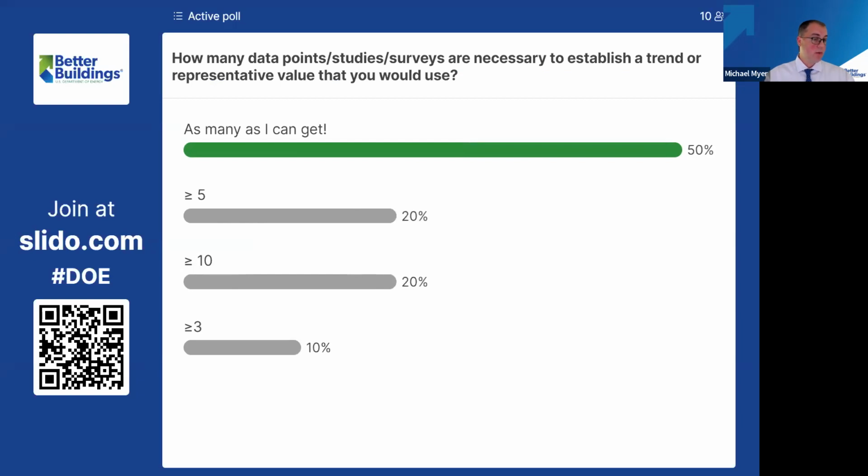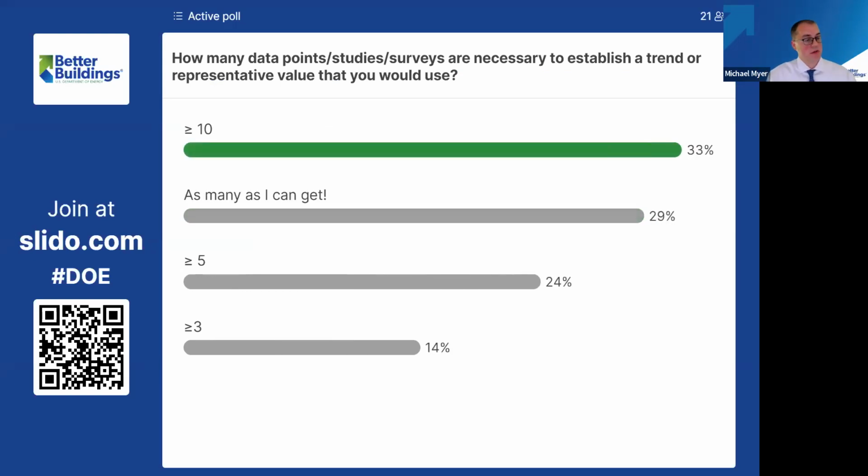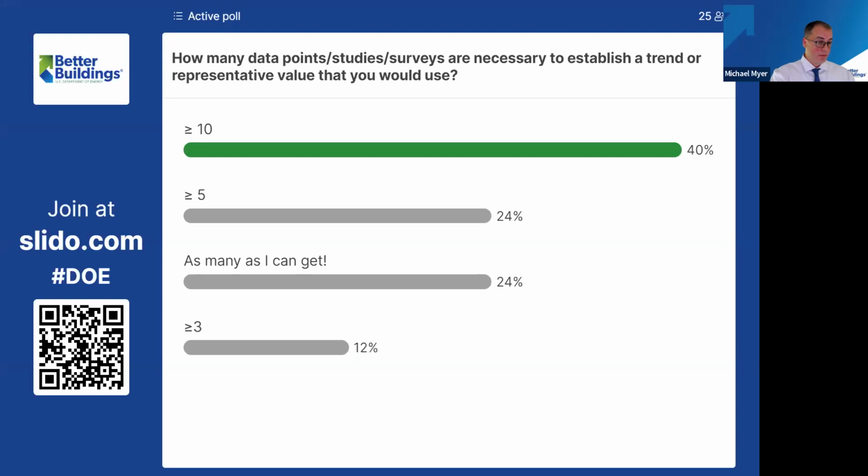And then you'd be able to make a representation about the value that certification gives. So we're asking you, what would be enough to establish a trend? And this is important because as we start trying to build out this NEI model, which you'll see again in a bit, this is going to factor into the workflow as well as the data sets.